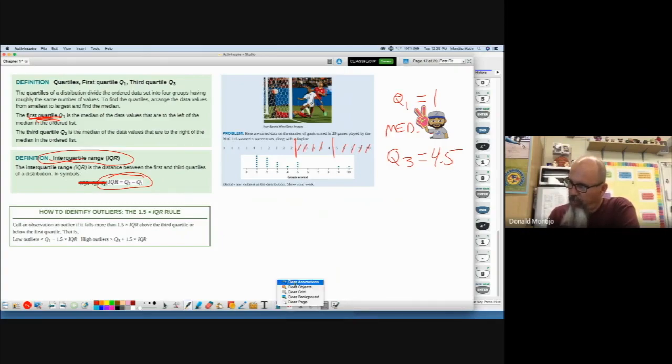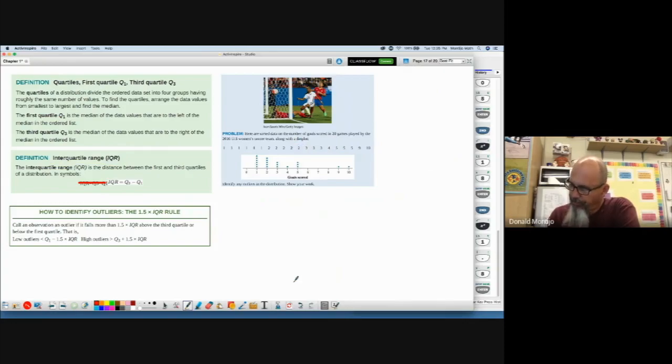So if I erase all my chicken scratch up here again, we said that Q1 was at 1. It's like somewhere in here. And we said that, oops, it should be over one more for this. And then we said that Q3 was at 4.5.